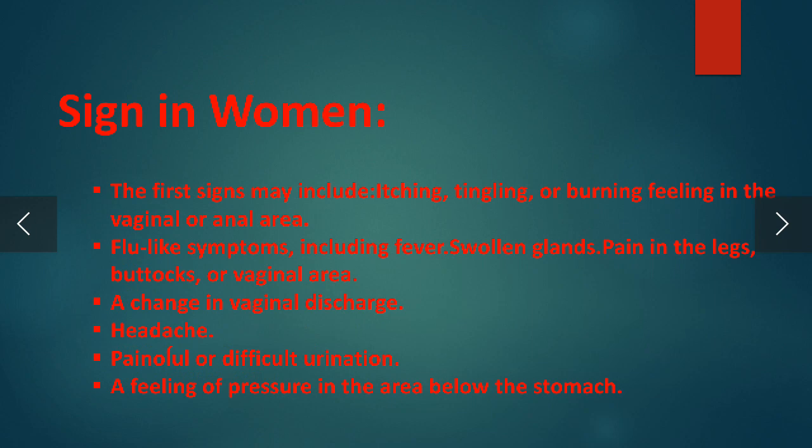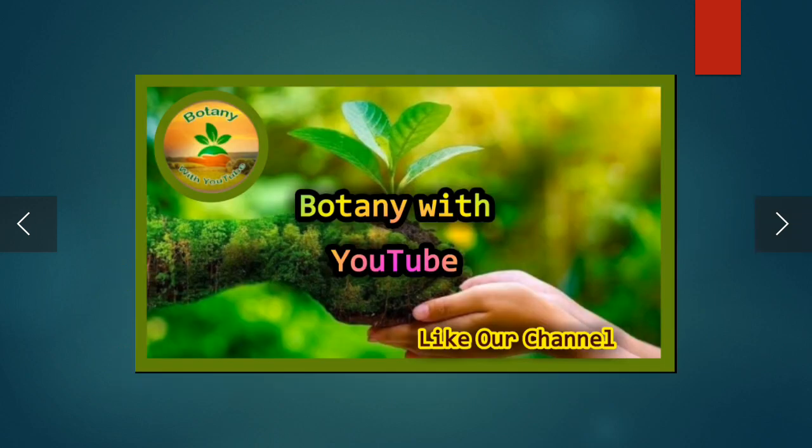Signs in women: the first sign may include itching, tingling, burning feeling in the vaginal or anal area, flu-like symptoms including fever, swollen glands, pain in the legs, buttocks or vaginal area, a change in vaginal discharge, headache, difficulty in urination, a feeling of pressure in the area below the stomach.